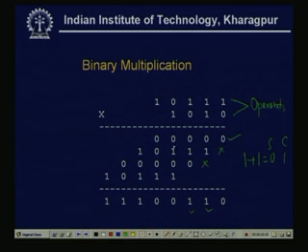So, this becomes sum 0, carry 1. Now if I add again, 0 and 1 plus 1 is 0 carry 1. Again 1 plus 1 is 0, 0 plus 1 is 1, but carry 1. Again 0 plus 0 plus 1 is 1 and this one 1. So, this is my result.